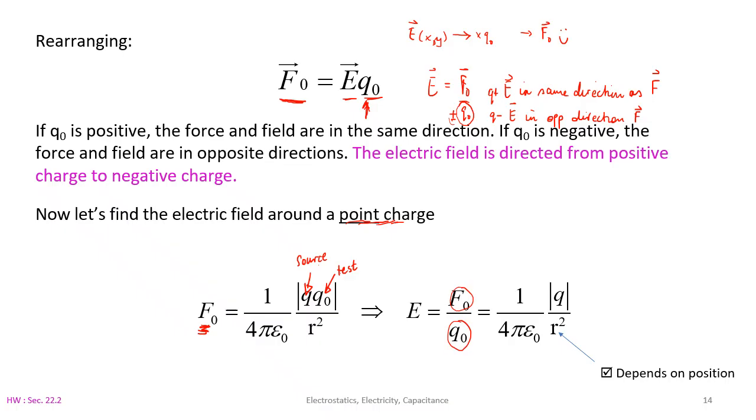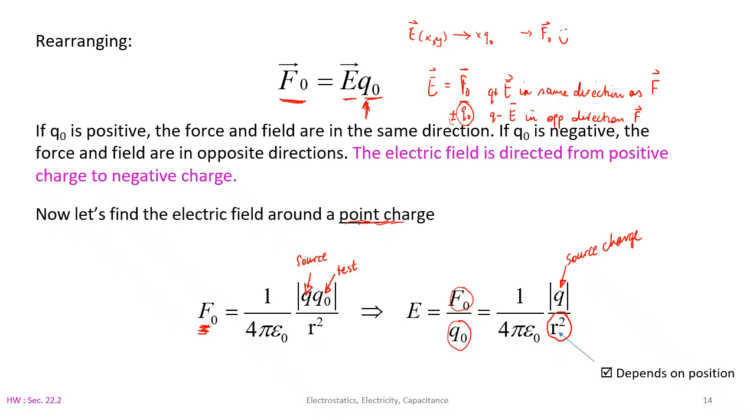So the electric field is going to be proportional to the size of the source charge, Q, and it's going to be inversely proportional to the distance from the source charge squared. All right, and so this is a good thing. All right, I said that the field has to have values at every point.